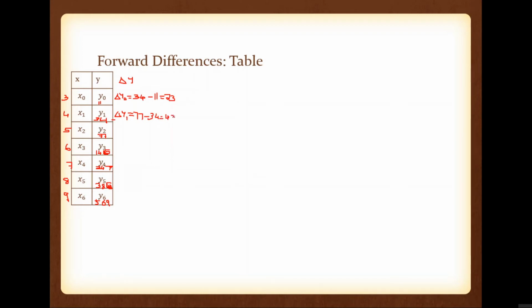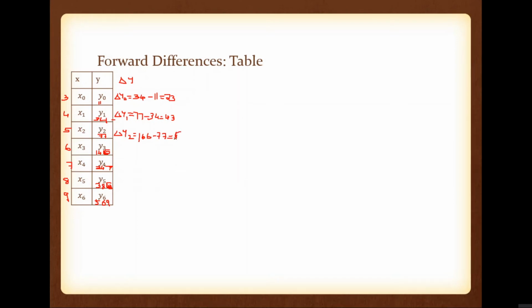Delta y2 is equal to its next data, 146 minus 77, which is 69.